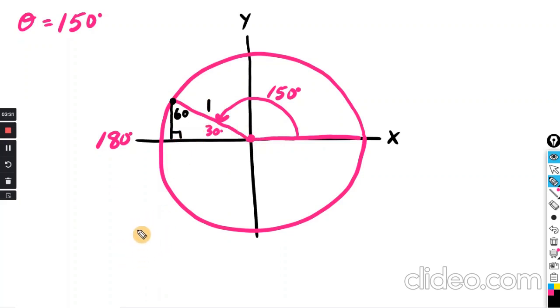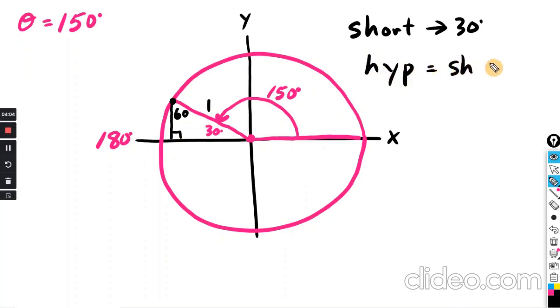Let's see. I am going to do the short side first. The short side is the one that's across from the 30-degree angle. From our formulas, the hypotenuse, which is across from the right angle, equals the short side times 2.